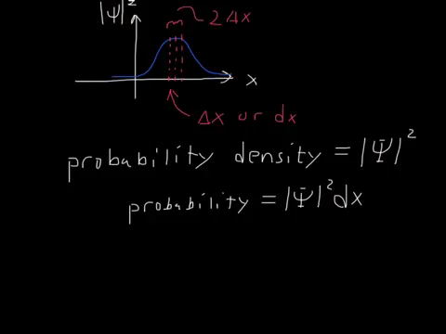So the probability of finding a particle is the wave function squared times a small distance, dx. We put a small distance in there because, to make this equation valid, we have to be thinking about the wave function having some constant value over this distance. And that's only true in general if the distance is very small.